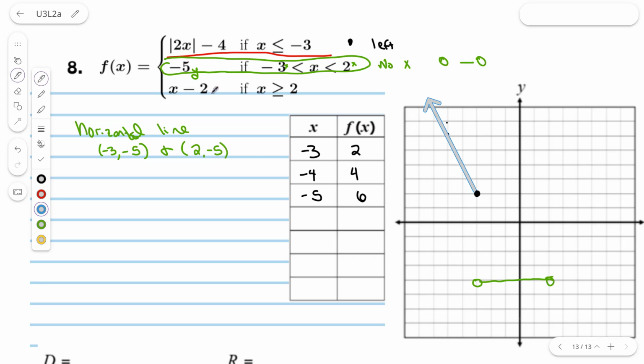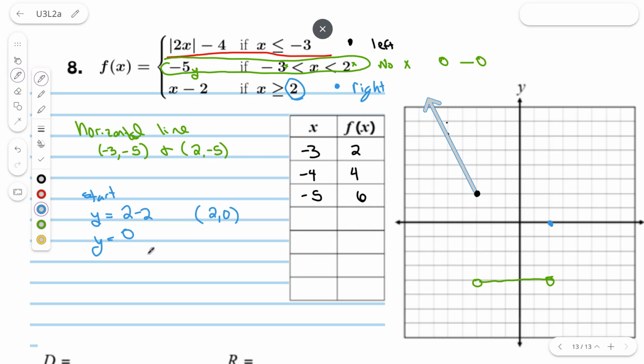And the last one I have, we have an x, with a closed dot as I go to the right. So I need to find my start point. And to find that, I always just plug in what that original x is. So 2 minus 2, which is 0. So my ordered pair is 2, 0. And it's closed, and I'm going to the right.